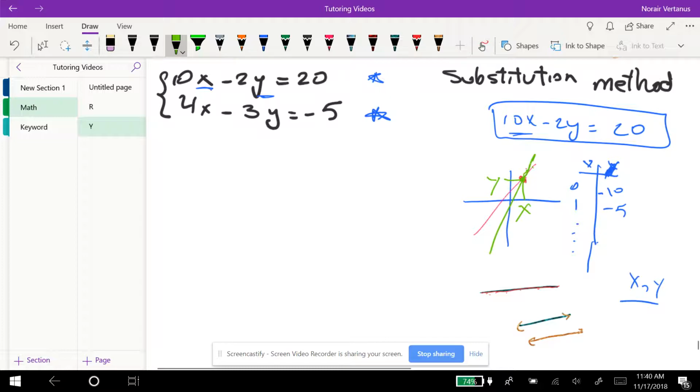As it says, it's the substitution technique. So I need to solve for one variable, either x or y, and then plug it into the other equation.